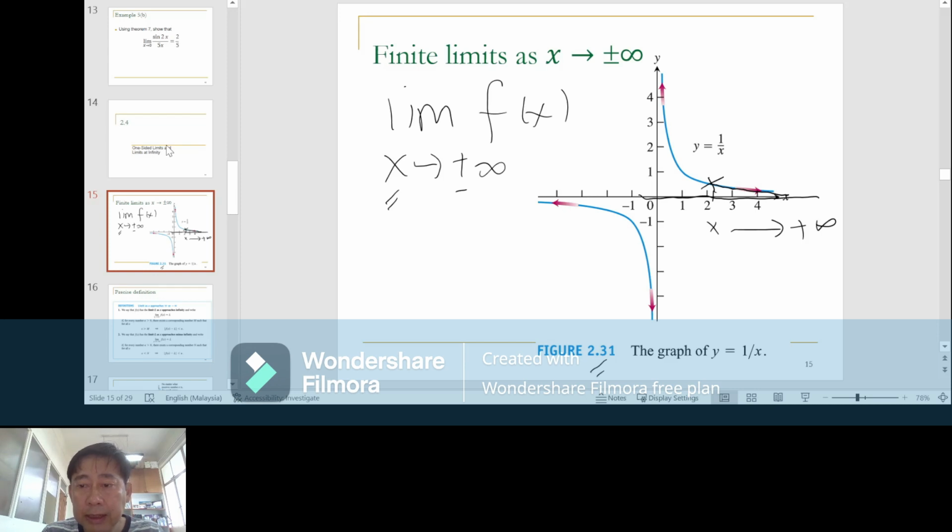So in this case, it is understood that the limit of the function is going to be 0 as x approaches positive infinity. If x is approaching minus infinity from the right, then the function is also going to approach a value of 0 when x is going to negative infinity.